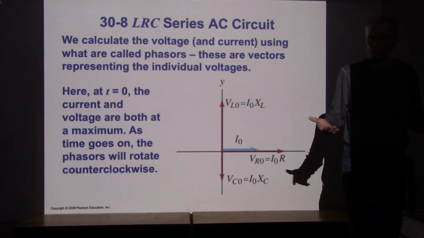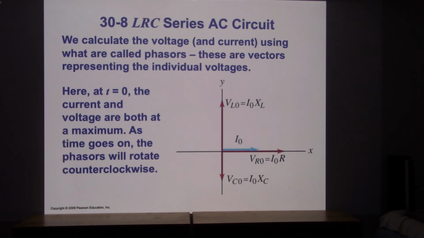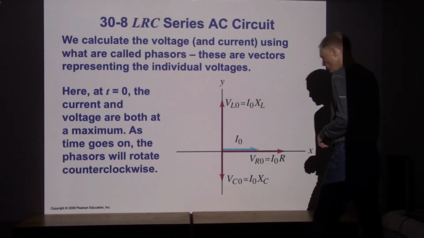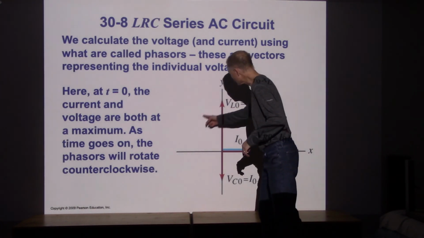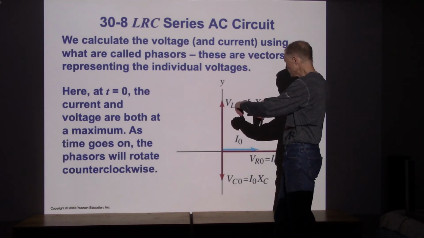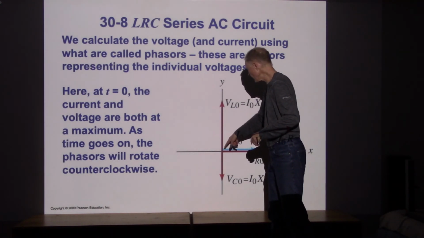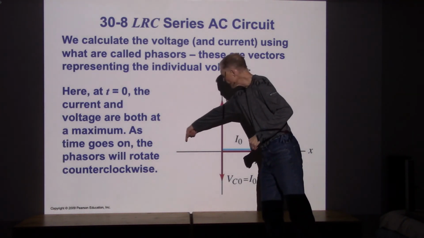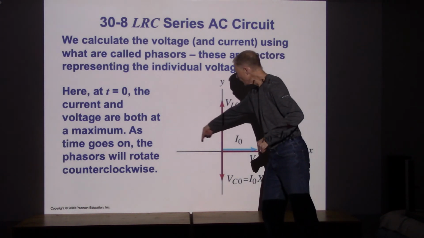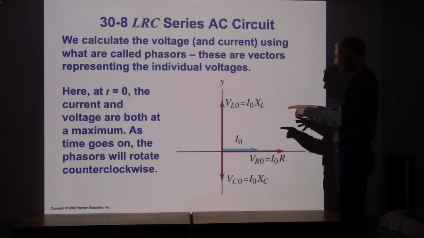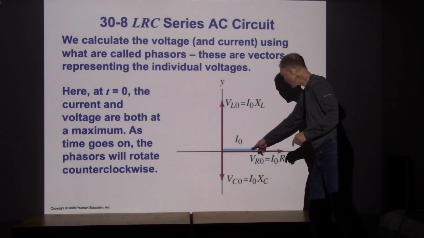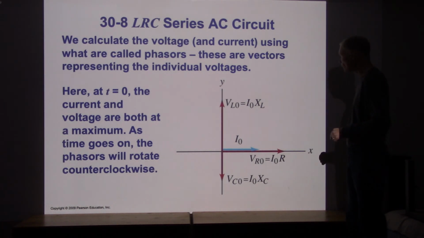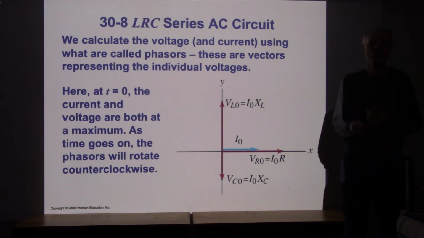Whatever the frequency is that we've identified for the circuit, that's the frequency at which I'm going to imagine that blue phasor going around in circles. Now, when this is going around in circles, its projection onto the horizontal x-axis is going to be varying like a cosine. And that's why on a phasor diagram, the horizontal axis at t equals 0 represents a cosine function.